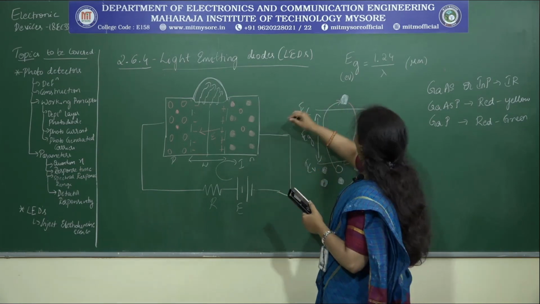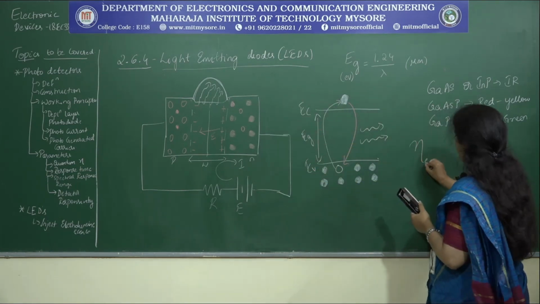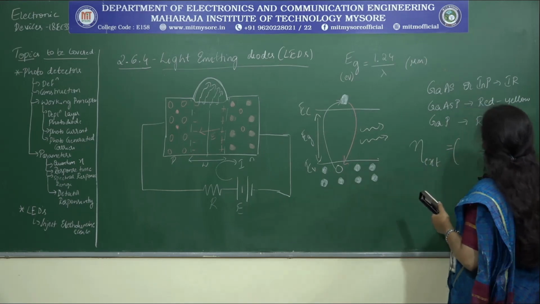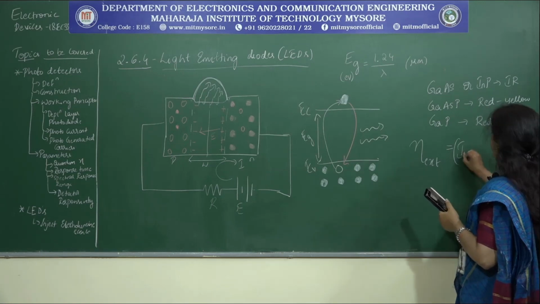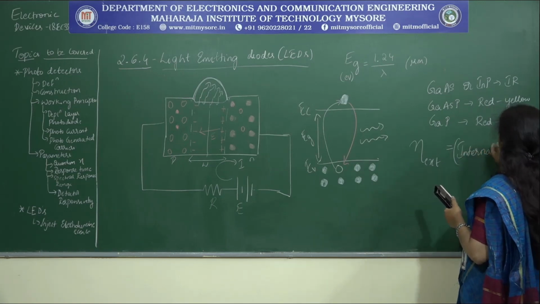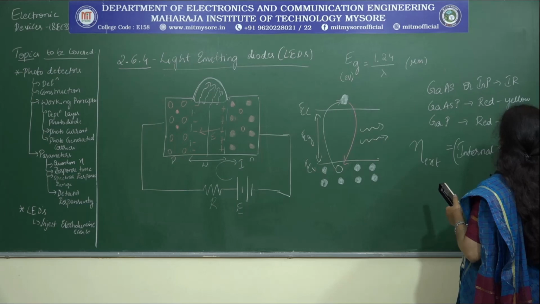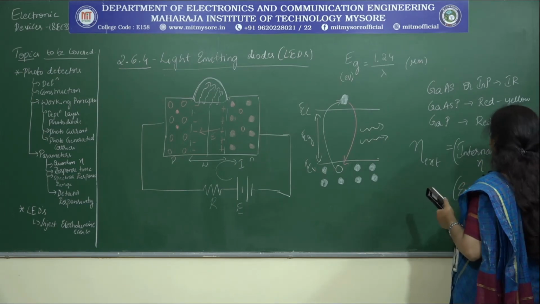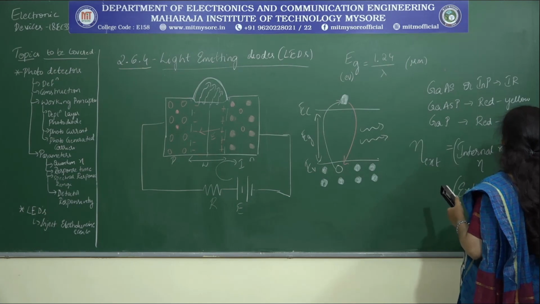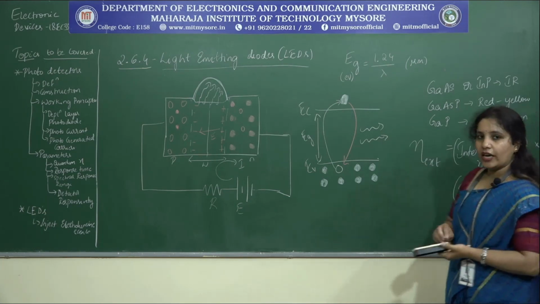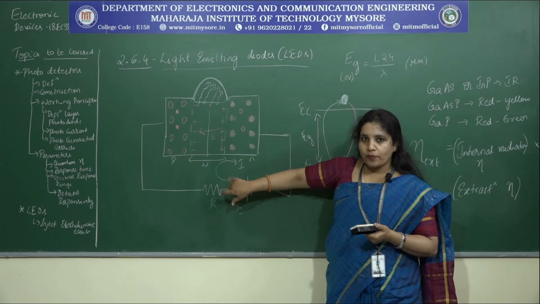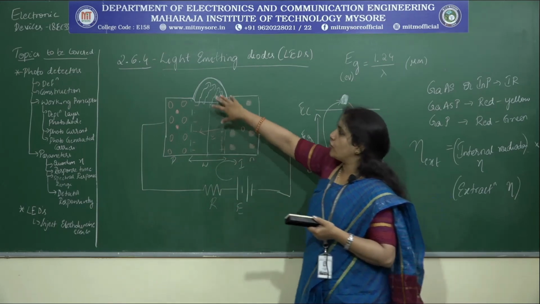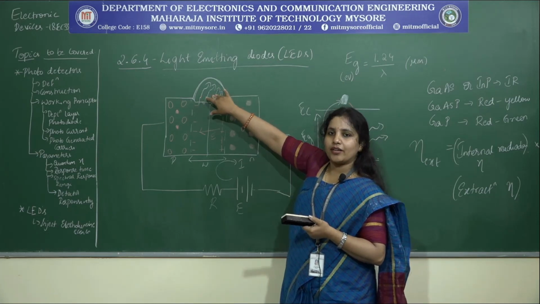And then if I want to measure the external efficiency of this LED, it is given as the product of internal radiation efficiency and extraction efficiency, which indicates out of how much current I am giving to the PN junction, how much light energy I am extracting out.